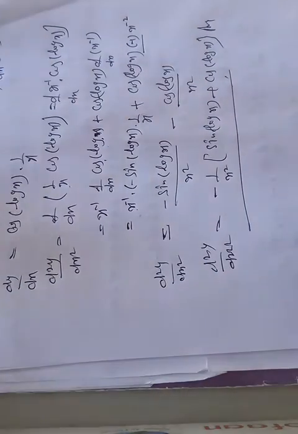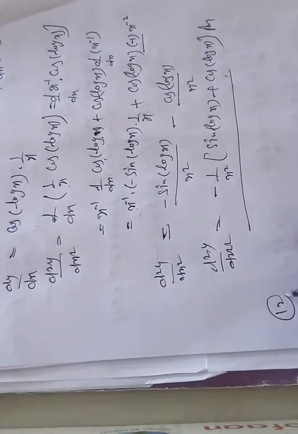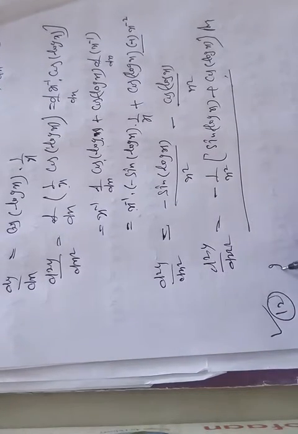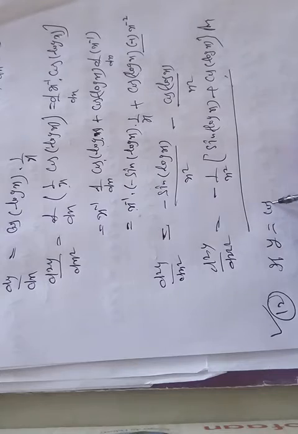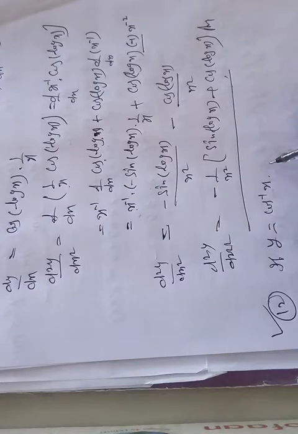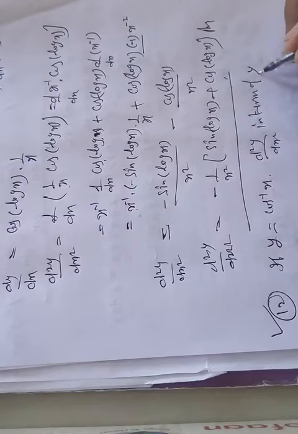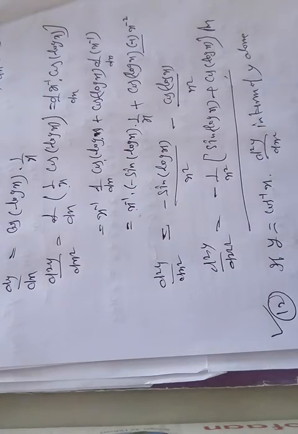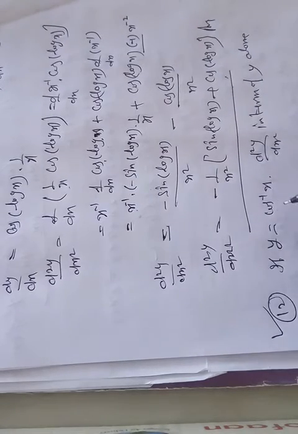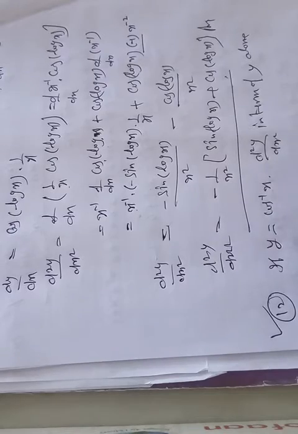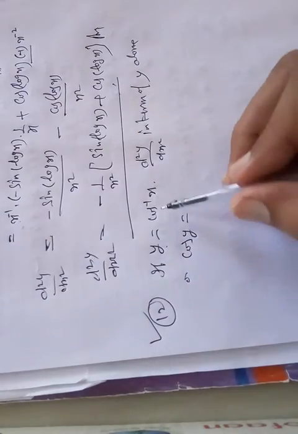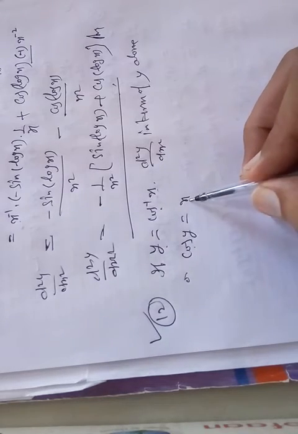Now question number 12, an important question. If y equals cos inverse x, find d2y/dx2 in terms of y. So x is changed to a function of y: cos y equals x.